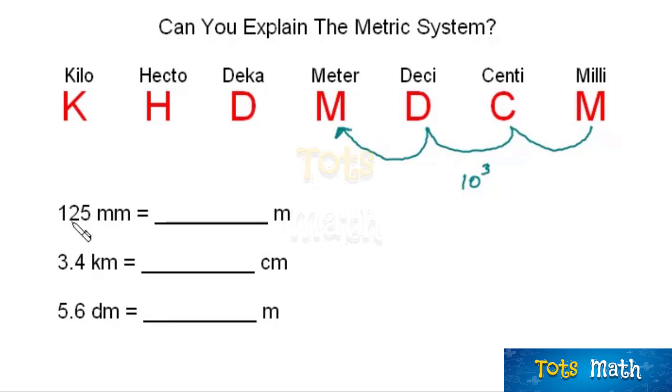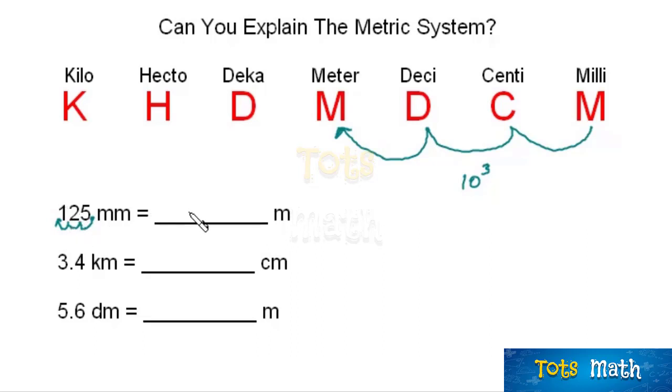Now remember, when you don't see a decimal in a number, it's understood to be after the last digit. To change from millimeters to meters, we're taking 3 jumps to the left. So we're going to move the decimal 3 places to the left. So now the decimal is before the digit 1.